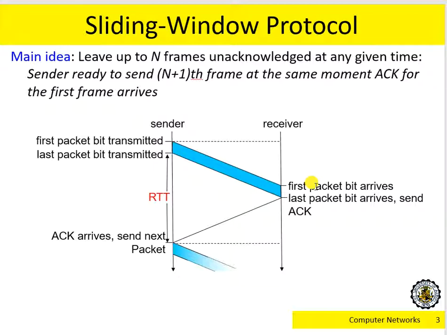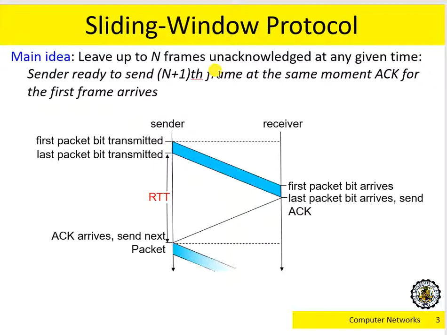By doing so, I can fully take advantage of the link, rather than only occupying the link with one frame. I occupy the link with multiple frames. So officially, I leave up to n frames unacknowledged at any given time. In other words, when the sender receives the first ACK associated with the first frame, it has already sent up to n+1 frames.